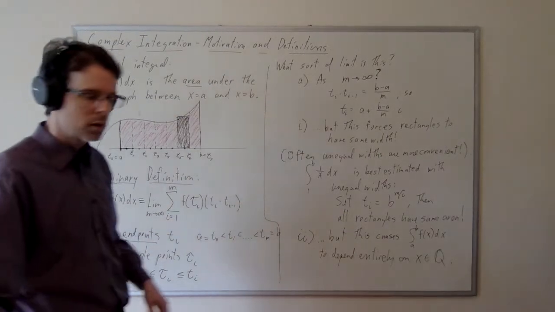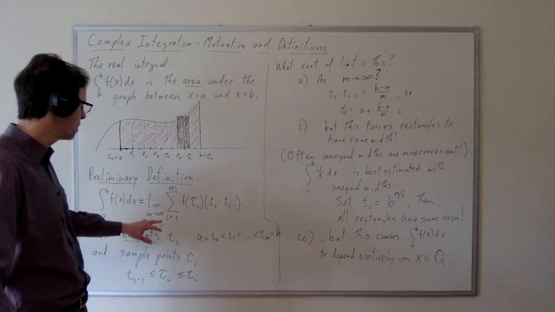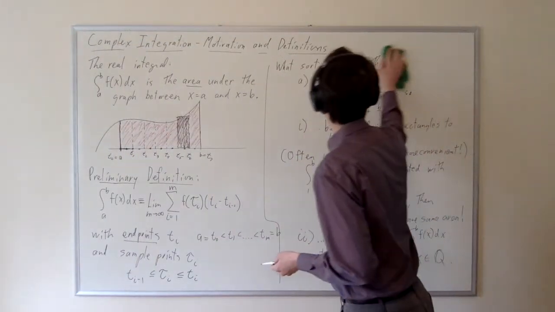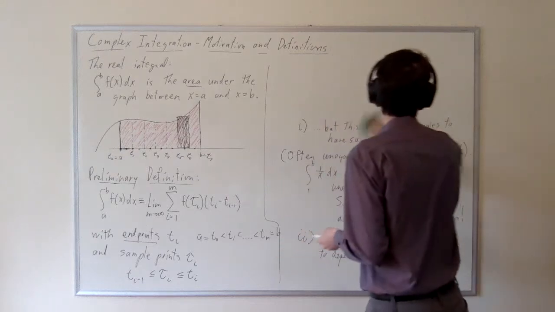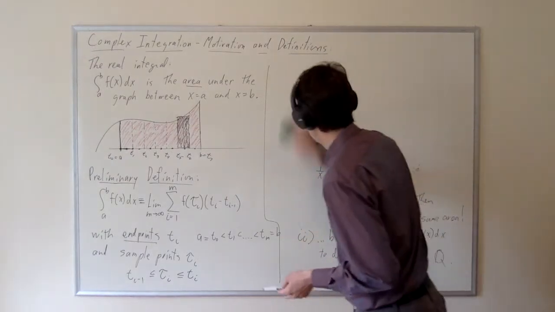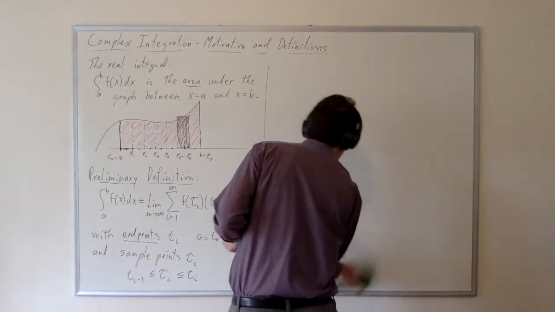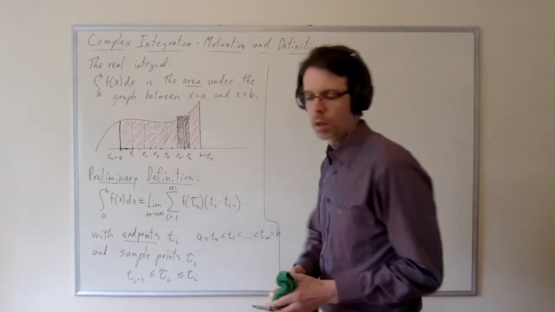Then we're going to regard the Riemann sum as a function of a partition, and define that limit as something happening to the partition. So let's first define a partition, and then we'll define the Riemann sum in terms of it.